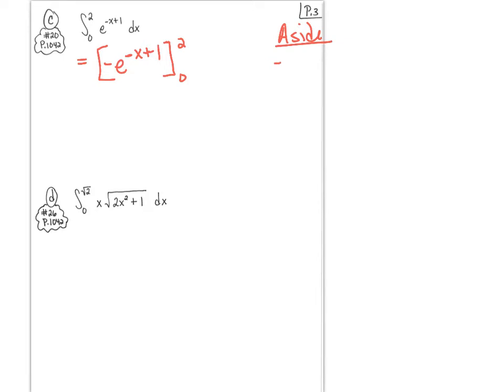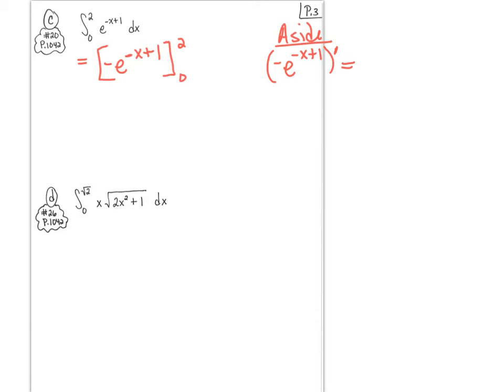If we take the derivative of this function, we need to make sure that we get our integrand back. So this is just a check to show you that negative e to the negative x plus 1 is indeed your antiderivative.